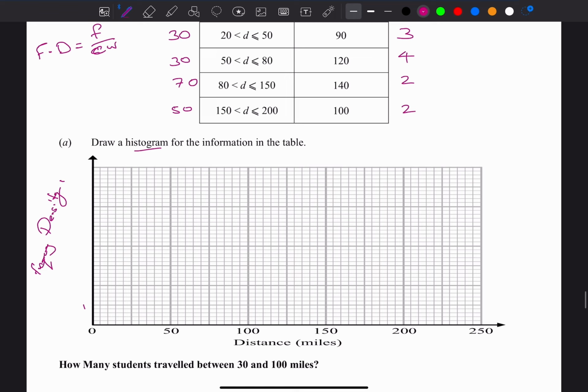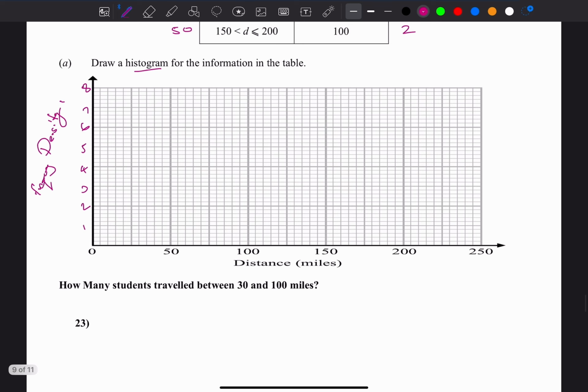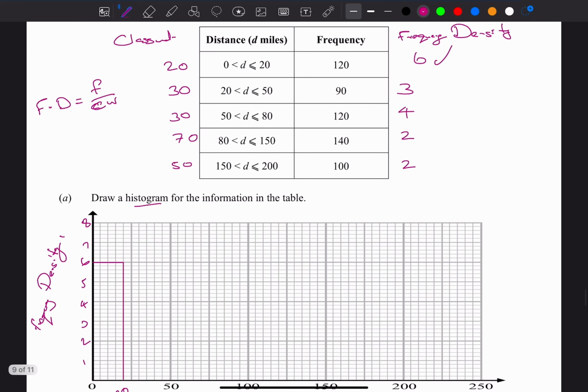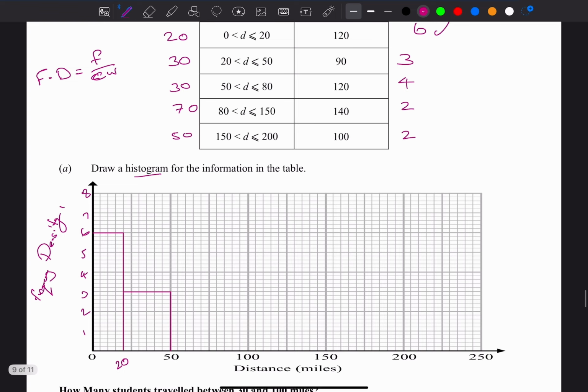So 1, 2, 3, 4, 5, 6, 7, 8. 0 to 20 is 6. I'll call it 20. There you go. The other one, 20 to 50 is 3. Then 50 to 80 is 4.